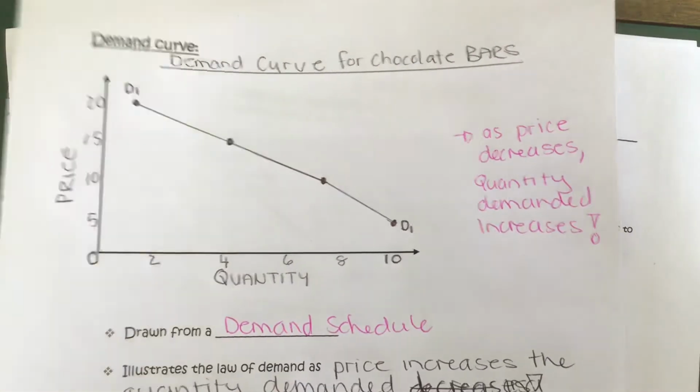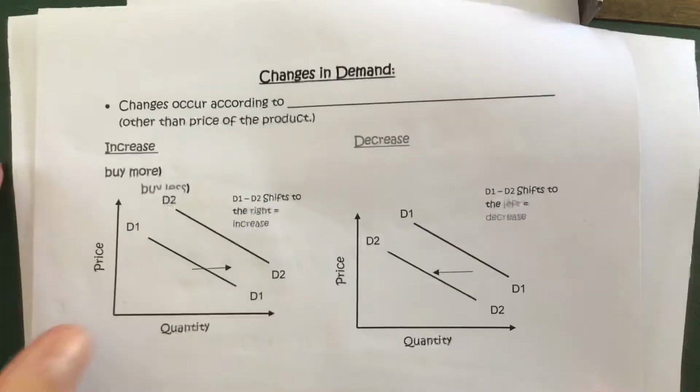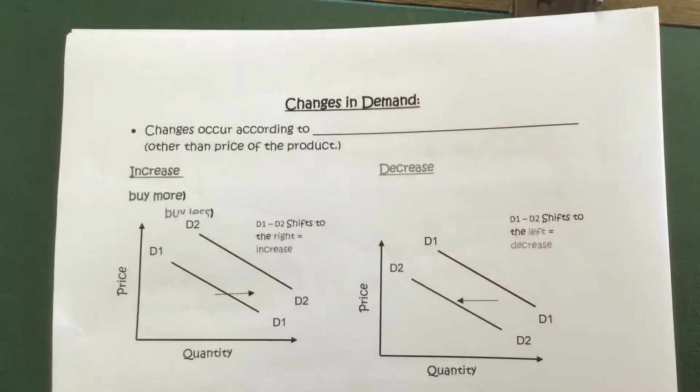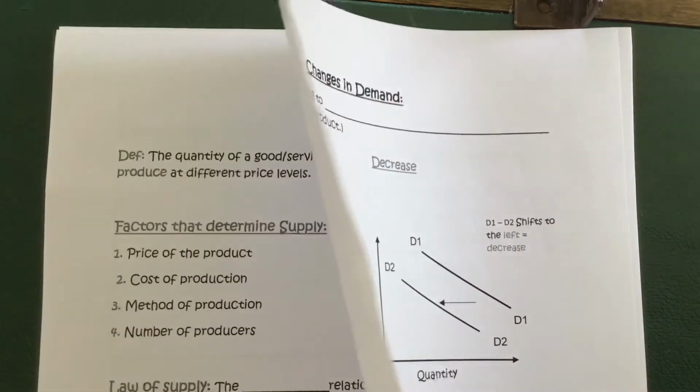Now, when we talk about demand, we also talk about the fact that there are various changes that happen in demand. Okay, so if we go here to our next page, we talk about changes in demand, and we need to talk about why things change, what causes these various changes in demand.